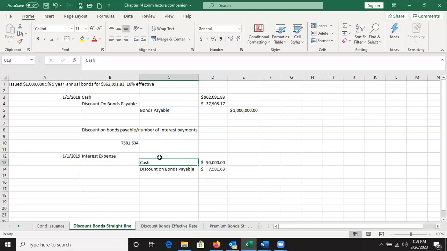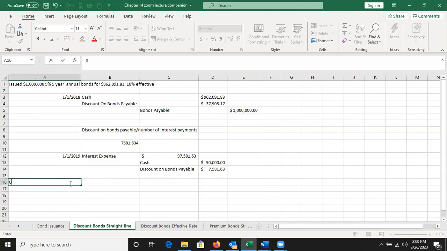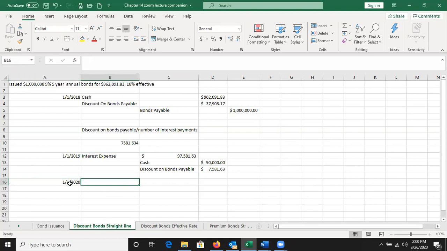Okay, interest expense is then the combined amount of the cash and the discount being amortized. So in this case, interest expense is $97,581.63. So under the straight line method, nothing will ever change about this journal entry. So on January 1st, 2020, wow, remember that?